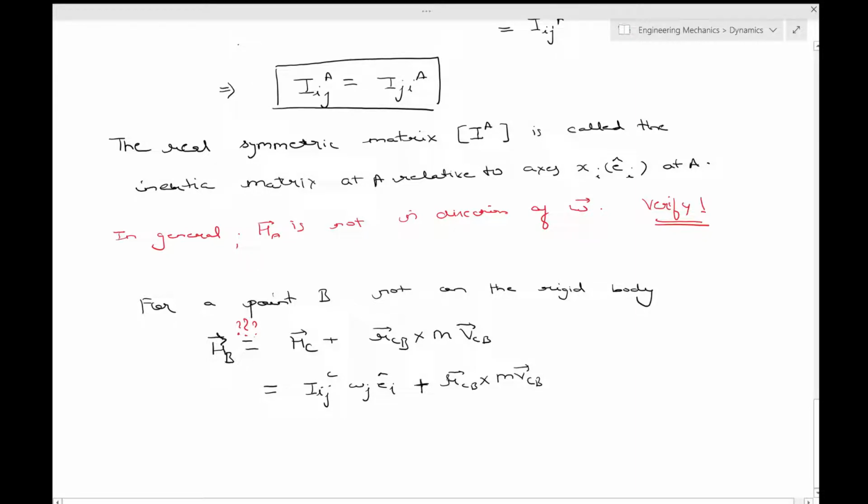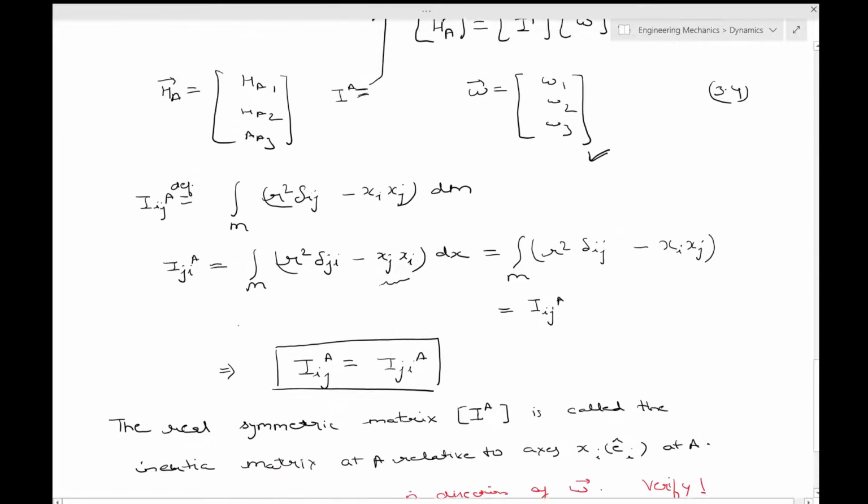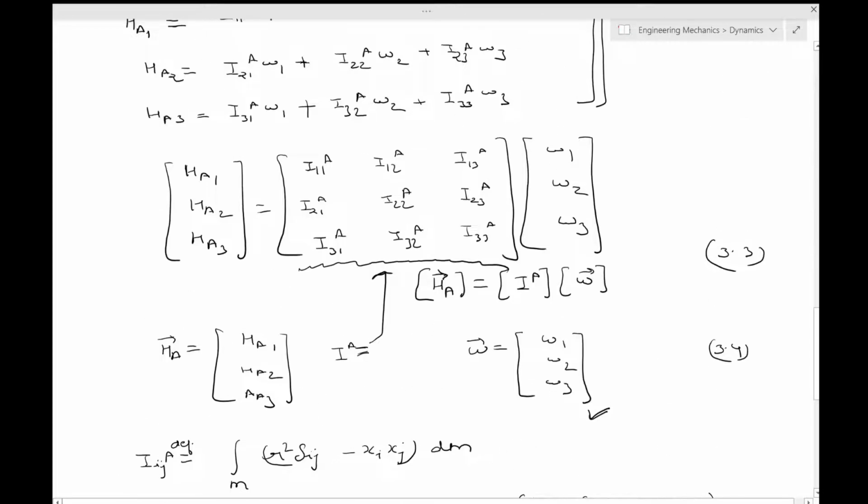Now the reason we did all this exercise is that this form, 3.3, is actually very simple to use. It is especially simple to use if for some reason these off-diagonal terms become 0, so you only have the so-called diagonal terms remaining. Then you would have very few terms.